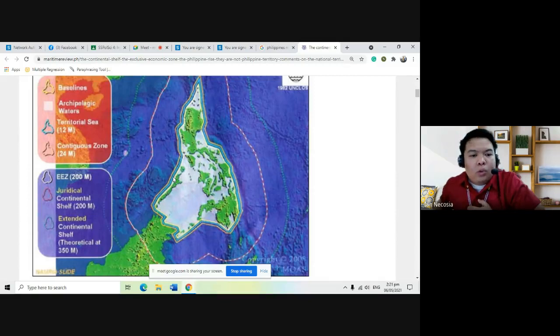Now, 200 nautical miles from our baseline, that is now considered as our EEZ. Okay? EEZ, mo na gitawag nato nga exclusive economic zone. And then this one here, the red line, this is referring to our continental shelf.